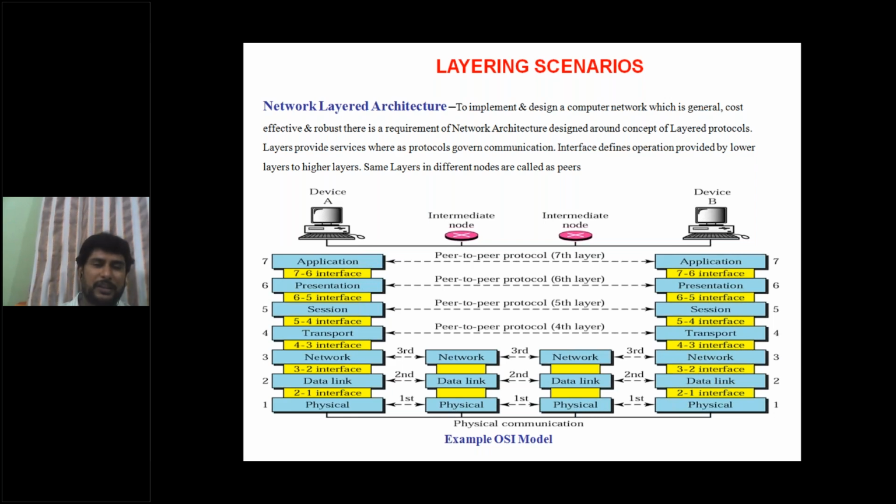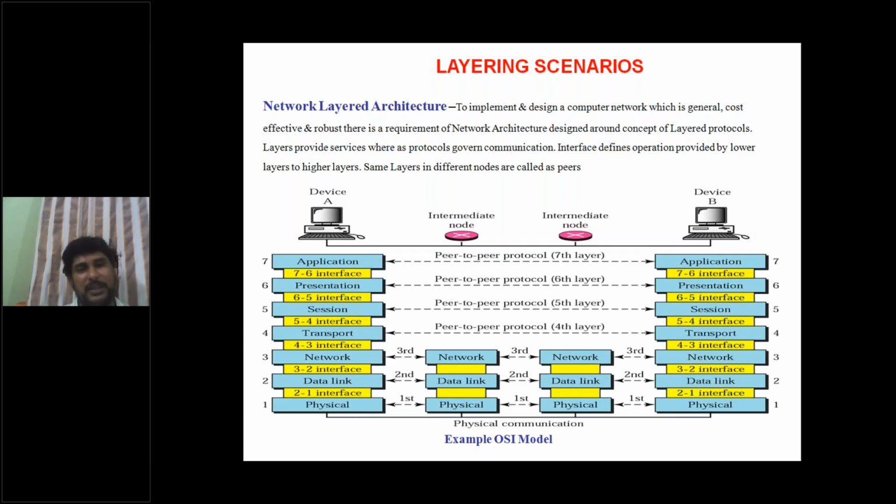Namely, we have application, presentation, session, transport, network, data link, and physical. Now, the source and destination, if we are talking about application to application communication, that will be referred to as peer-to-peer. Peer means of same level. So the application of source and application of destination will be referred to as peer-to-peer, and the protocol used there will be referred to as peer-to-peer protocol, right?